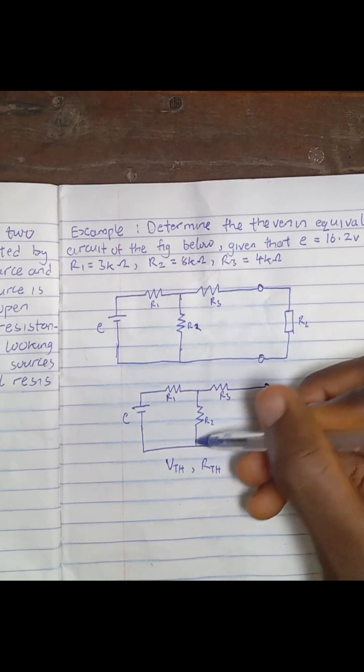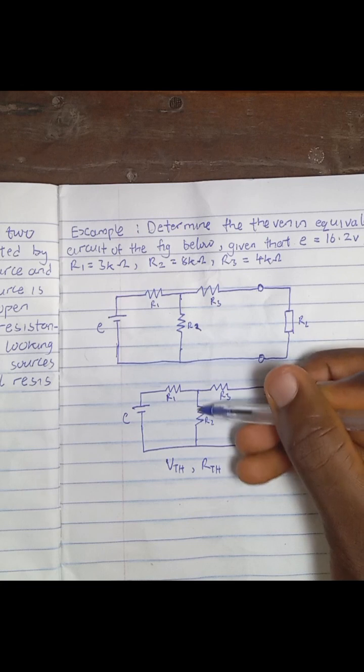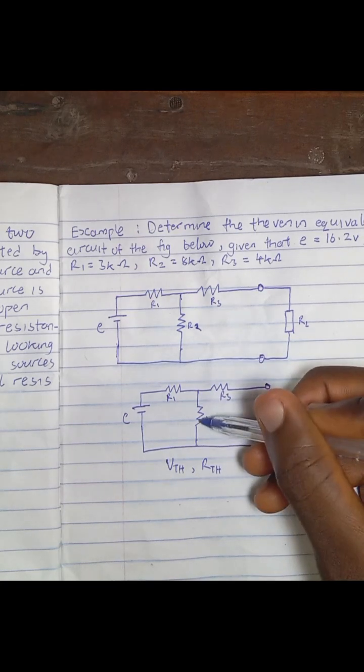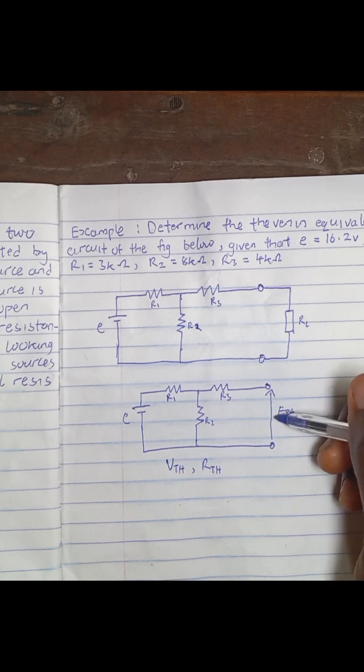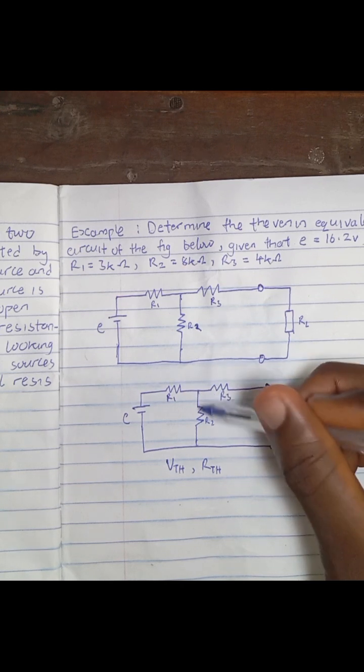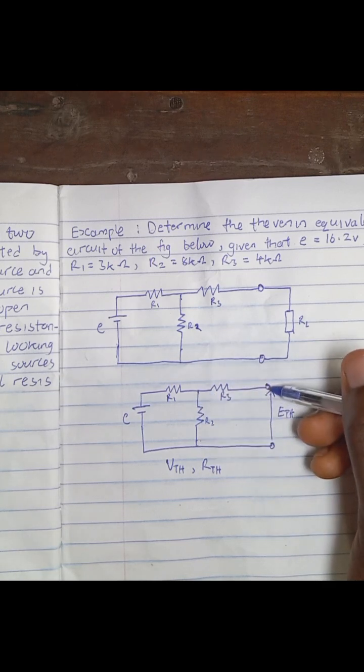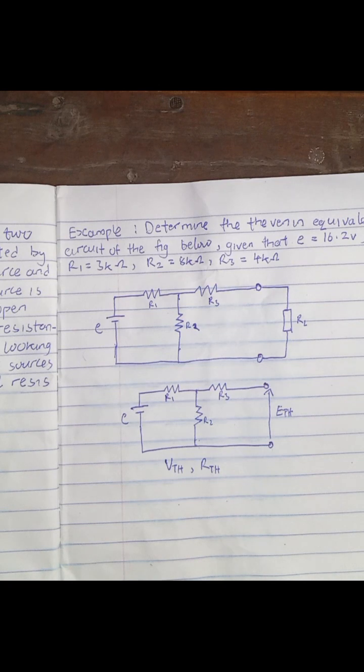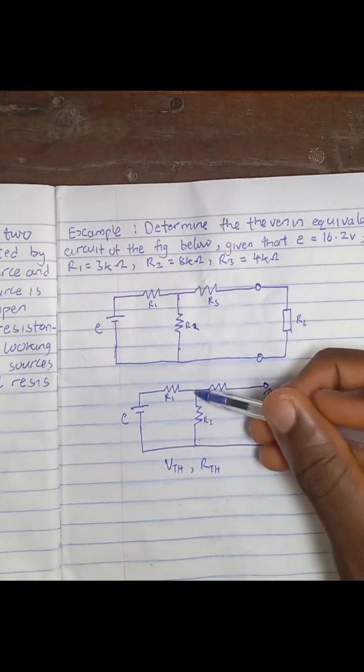And from practicals, it can be seen that it is the voltage that appears across this R2 resistor, because it is in parallel with the Thevenin voltage. So to find the Thevenin voltage, we are looking for the voltage that appears across R2, that appears across this terminal, because we can see that here, they are almost the same.